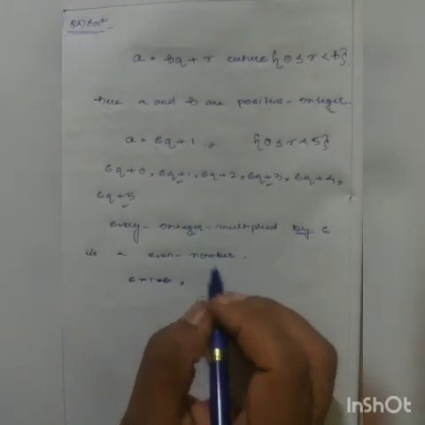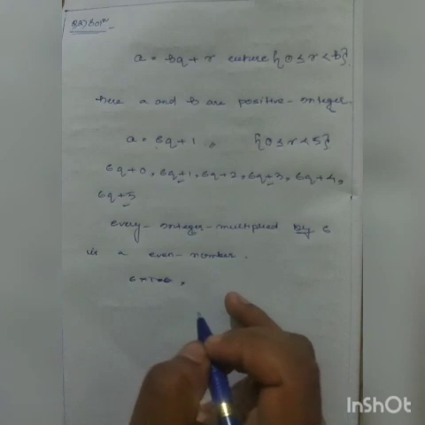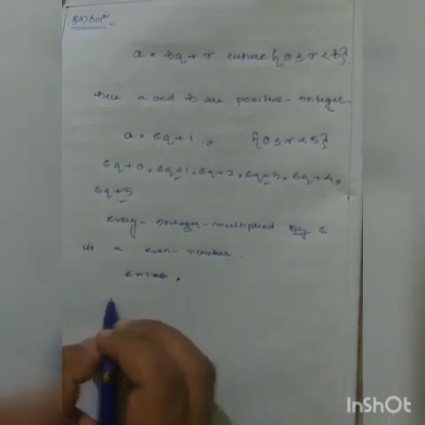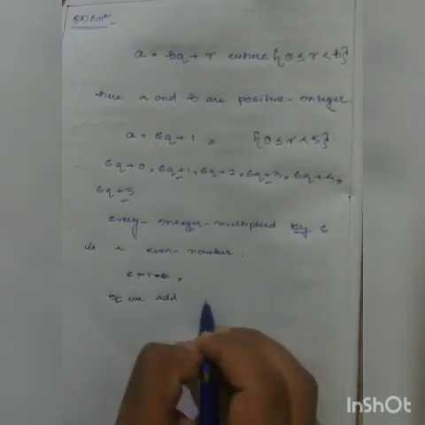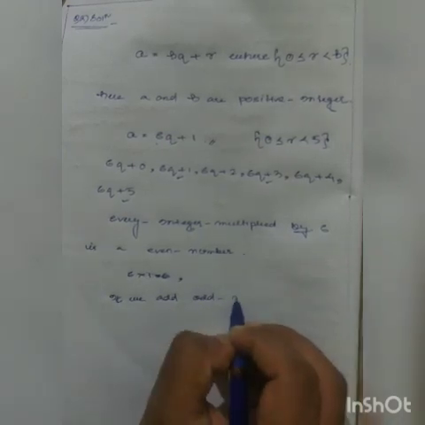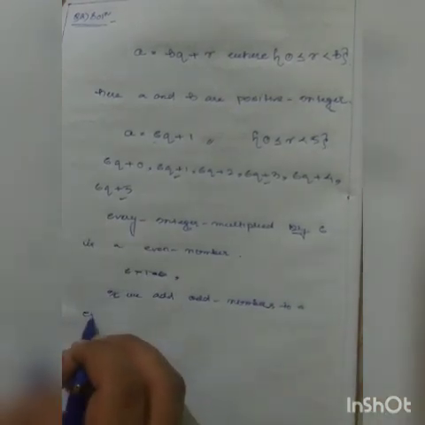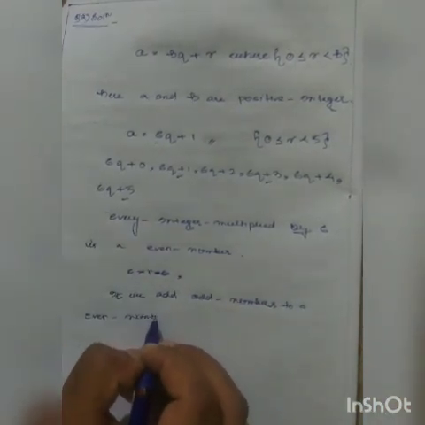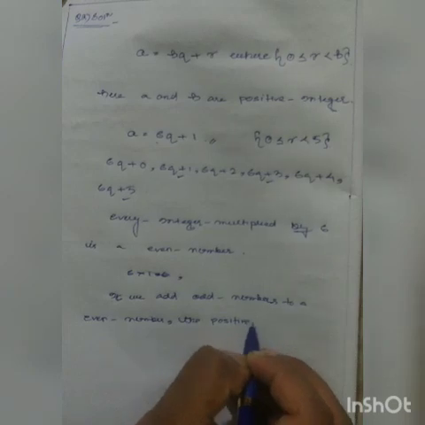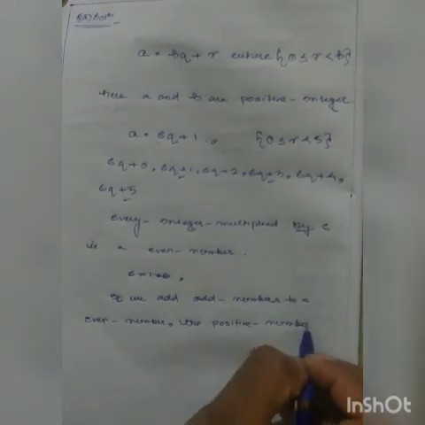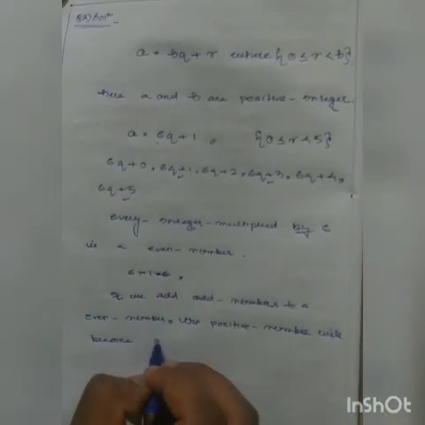So we also know that if we add 1 or 3 or 5 to a positive integer, it will become an odd integer. So we'll write it as, if we add odd numbers to an even number, the number will become odd.